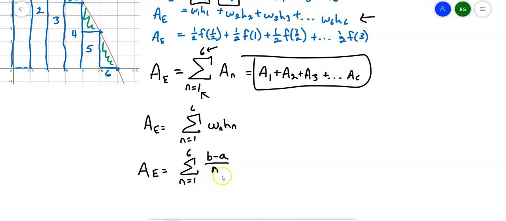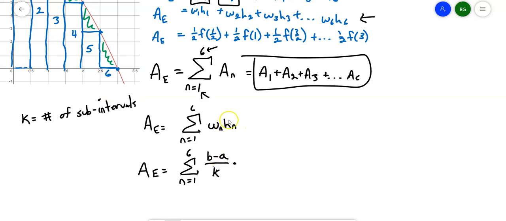If I'm going to use n here, I can't really use n here. So maybe we should just call this k. And I'm just going to make a note over here. k equals the number of subintervals. We were using n to do that, but now I'm using n here, so you can't use n twice in the same expression to mean two different things. So there we go. We'll just use k there.